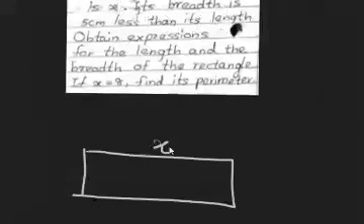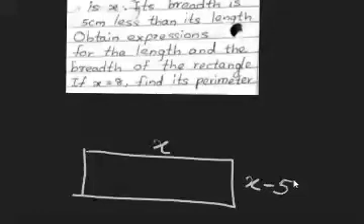We know its length is x. Breadth is 5 centimeters less than x, so you have to deduct 5 from this x. For example, if x equals 10 centimeters, 5 less means the breadth should be 5 centimeters, like that. Okay?